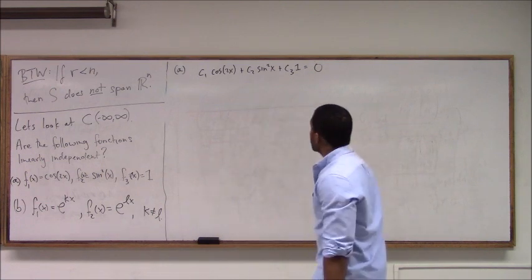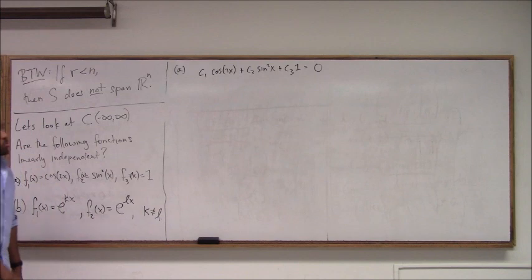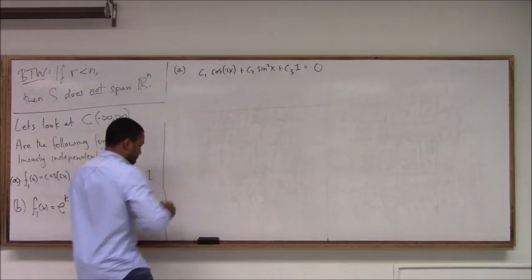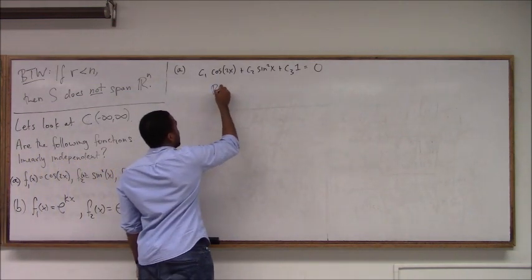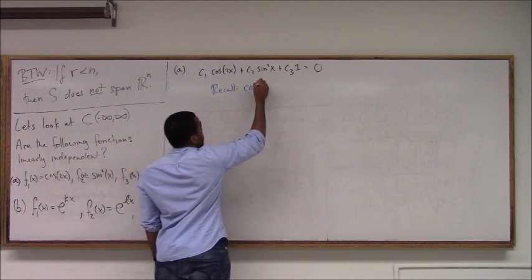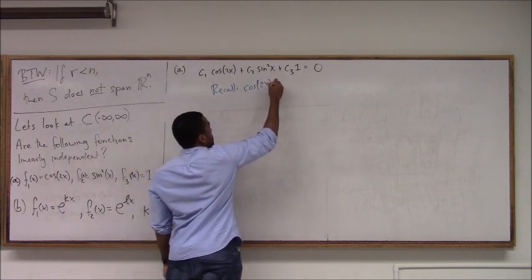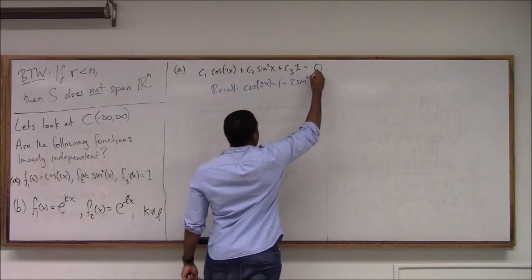Yeah, so I mean, the trig identity for sine squared x is 1/2 minus 1/2 cosine 2x. So you remember there's a trig identity. So recall, we know that cosine of 2x is equal to 1 minus 2 sine squared x.